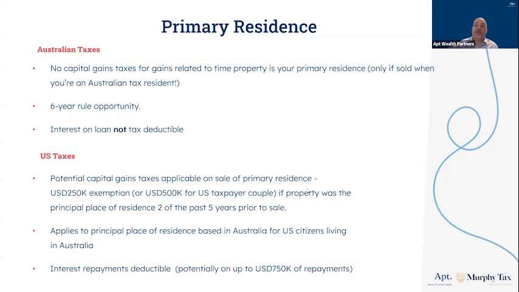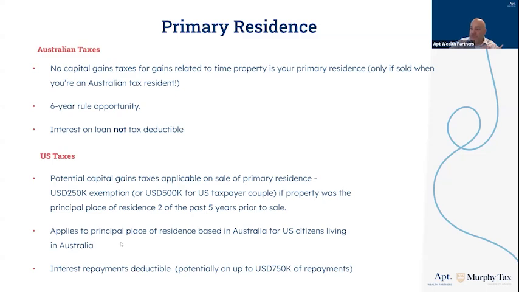But anything beyond that is assessable for capital gains tax. And you have to have owned the property 2 of the last 5 years for that to apply. But even a property in Australia would be assessable for US capital gains tax on sale. So that's something to bear in mind, and it's a mismatch between the two systems, unfortunately.